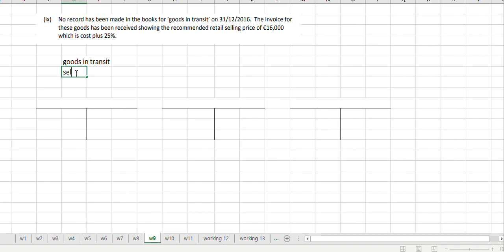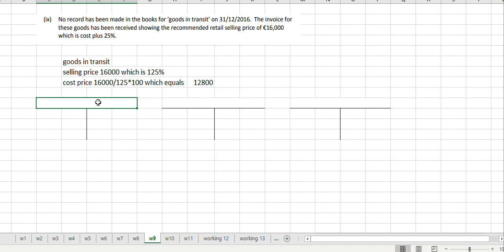Selling price is 16,000, which is 125%. We need to work out 100%. So cost price is 100%, which is 16,000 divided by 125 multiplied by 100, which equals 12,800.